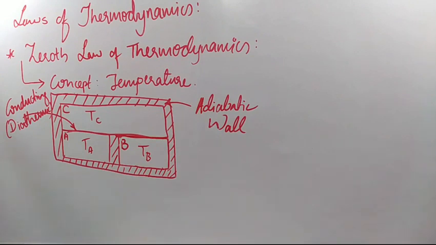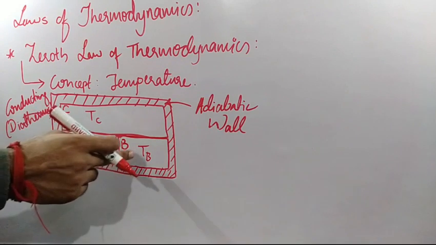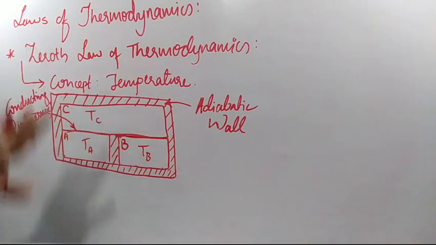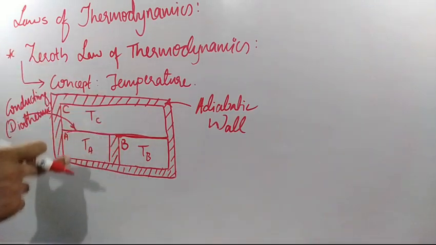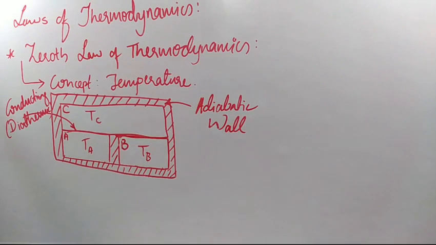That's why we say system A is in thermal equilibrium with system B, and system B is also in thermal equilibrium with system C. Basically, system A, system B, and system C, all three systems are in thermal equilibrium. Clear? So this is about the zeroth law of thermodynamics.